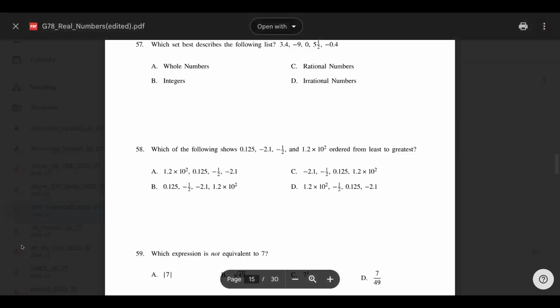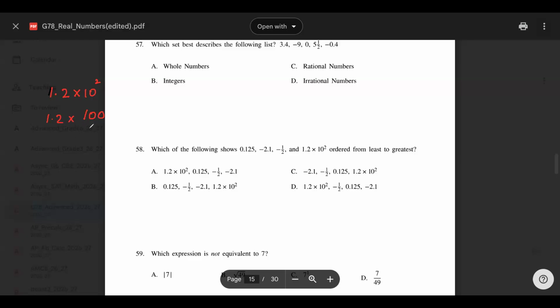There is some new concept in here. Let's find out. Here, 1.2 times 10 power of 2. What is 10 power of 2? 100. How do you say that? 10 power of 2 is 10 times 10, so 10 squared is 100.